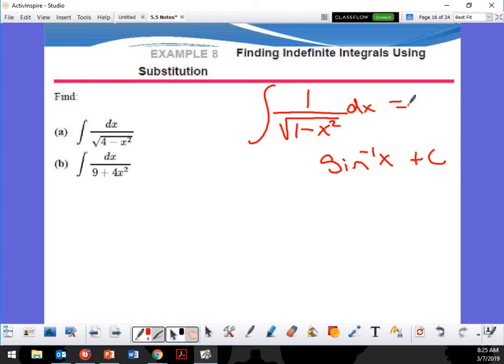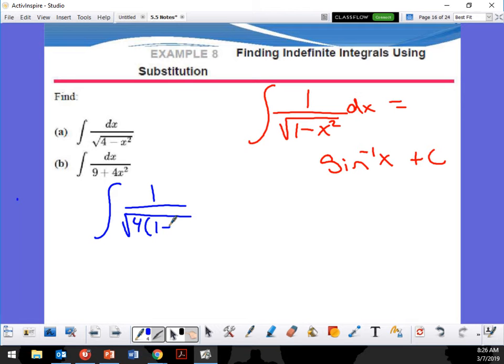So how can I deal with that 4? Factor, yes. We're gonna factor out the 4. So if I factor out a 4, I'm gonna be left with the square root of 4 parentheses 1 minus, what's that gonna be? x squared.